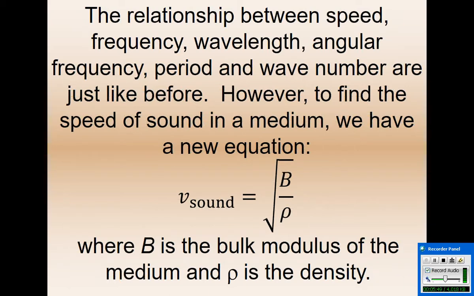And what we find is that the speed of sound is equal to the square root of bulk modulus divided by rho. As far as the units are concerned, rho has units of kilograms per cubic meter in standard units. Bulk modulus actually has units of pressure.